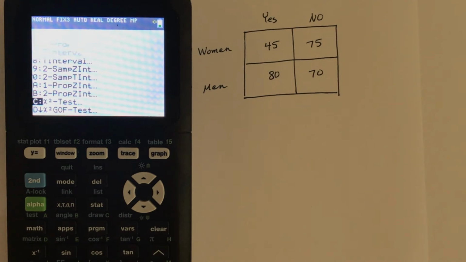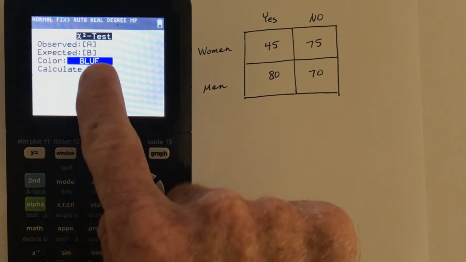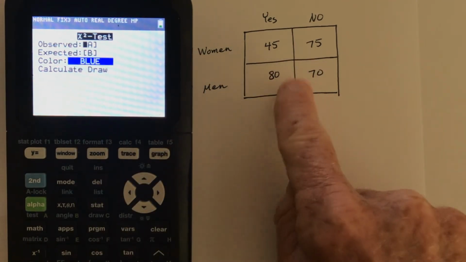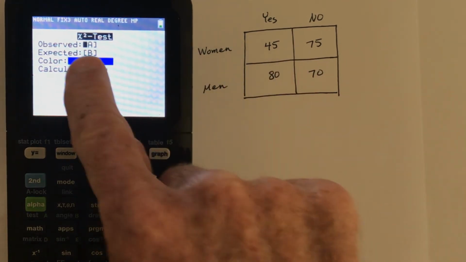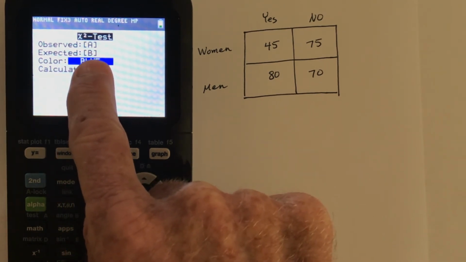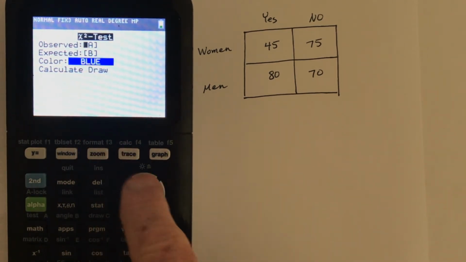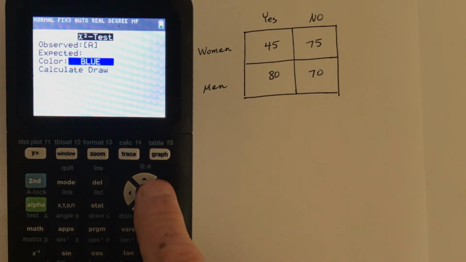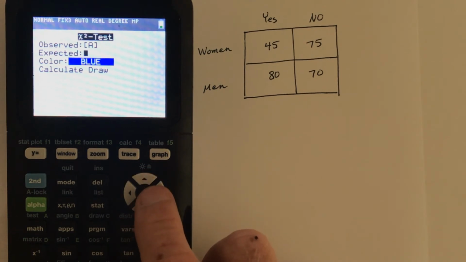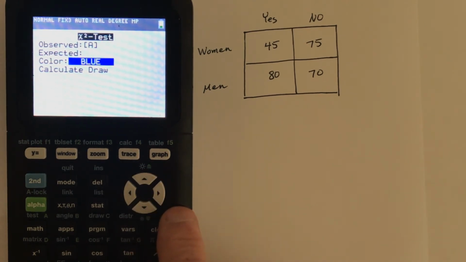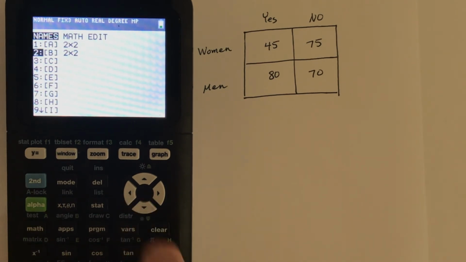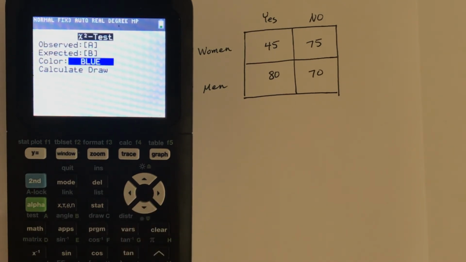When you hit enter, it's supposed to say observed values are in matrix A, so this is called matrix A. That's your job to type in the observed values in matrix A, and the expected values are going to go in matrix B. So if somebody was messing with their calculator and they erased that, then all you do is put the cursor on that, go back to matrix, second matrix, just choose B right here, and now it's back.